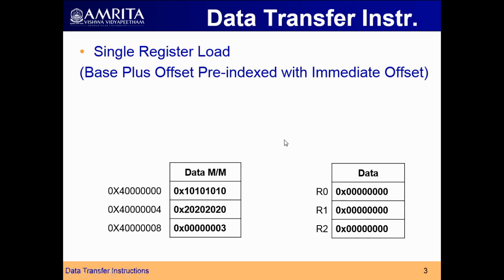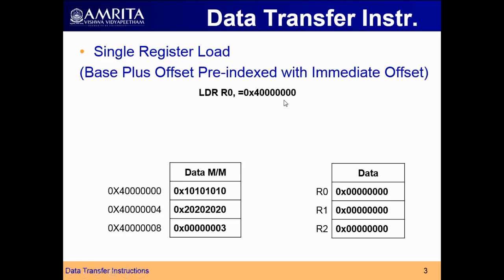Now let us see one example for load. I am using the instruction LDR R0, =0x4000. What does it mean? This instruction is used for moving a constant data, in our case an address. So you are going to move a constant 32-bit data to R0 using this instruction.